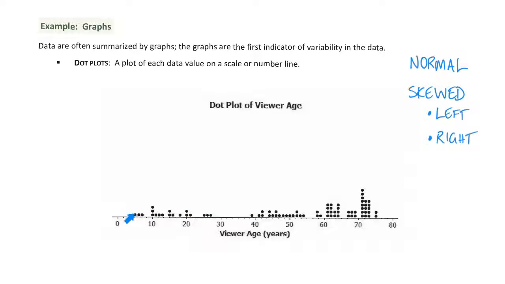There's kind of a tail on the left-hand side. So the distribution of this data would be skewed left, or left skewed. You're going to hear this lots of different ways. And that's because there's this tail on the left-hand side, and then most of the data is over here. So that's what that's all about.